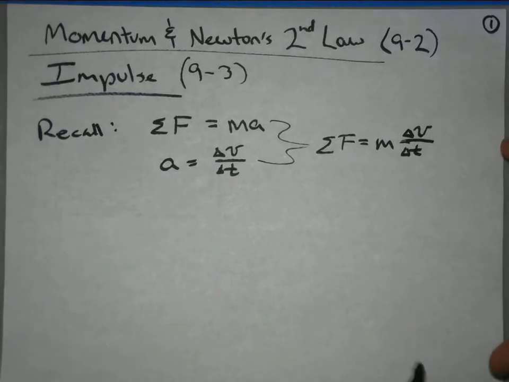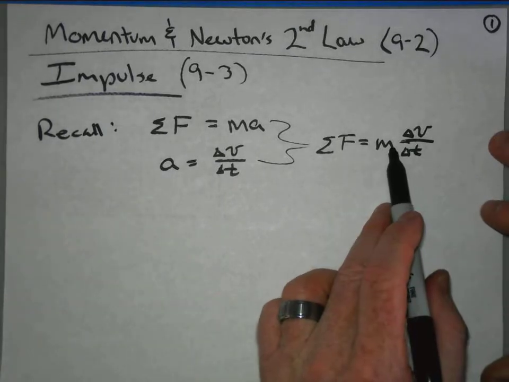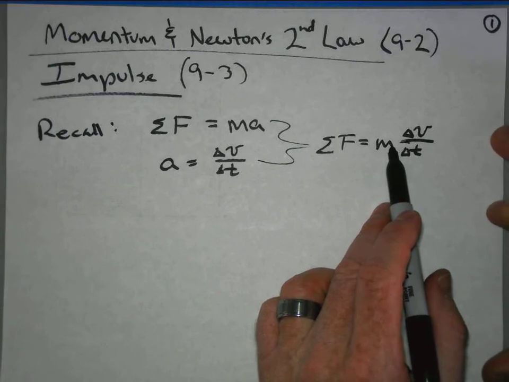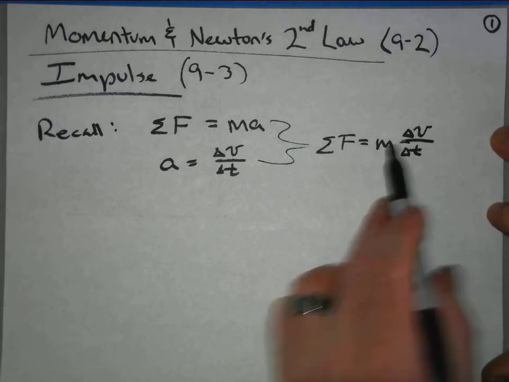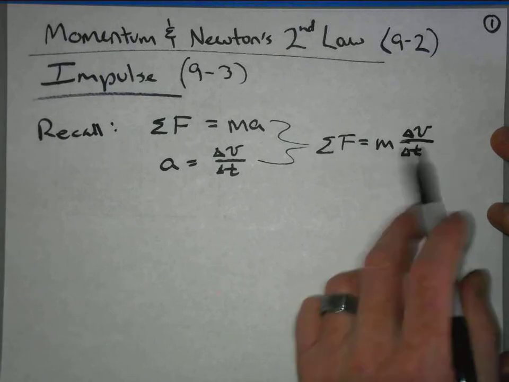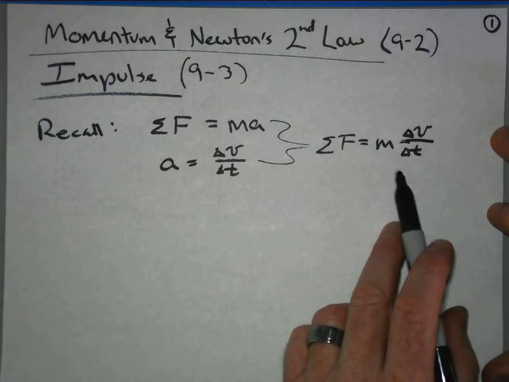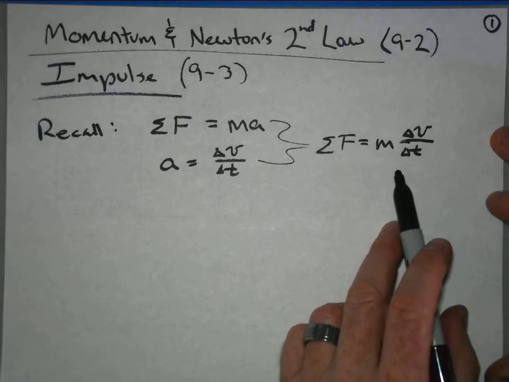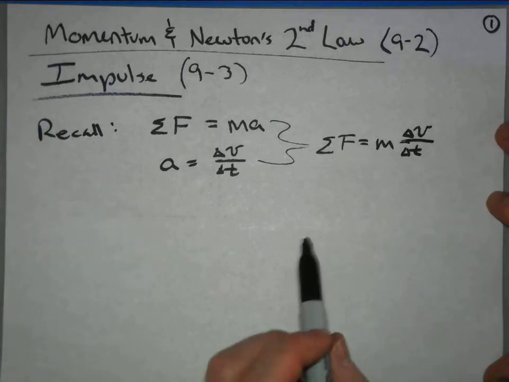And this is going to give you something that you guys should recognize right away. You have a mass multiplied by a change in velocity at least. And so there should be something about momentum in here.